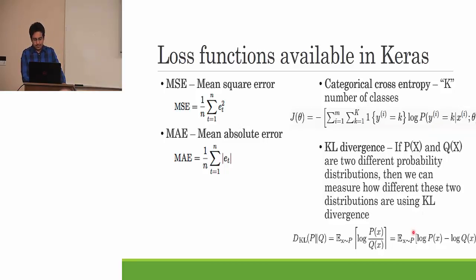So KL divergence, in the bottom line, is saying we have two probability distributions P and Q, and we want to find the distance between them. That distance is log of P minus log of Q, and the expectation, the mean over that. But this expectation we take from the probability distribution P, not Q, so they are not symmetric. From here you can go to the cross entropy, because that's where you get the idea.